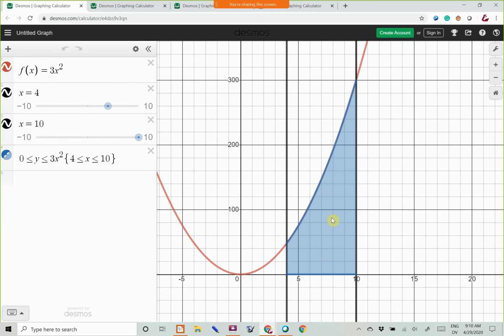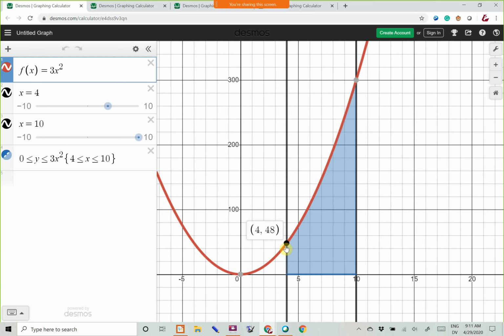This region has 4 sides. There's this vertical line that's a straight side. This other vertical line is a straight side. At the bottom, the x-axis is another straight side. But there's a 4th side, and it's not straight. It's made out of a parabola, right? You can see it's much curvier here. This part, you might be tricked into thinking that it's straight, but it's not.